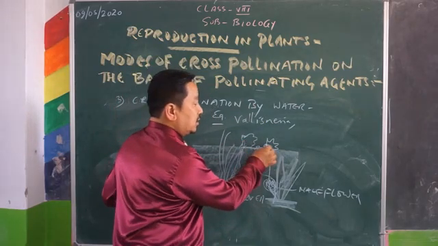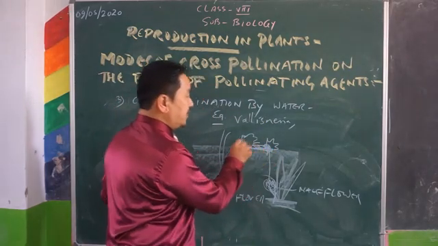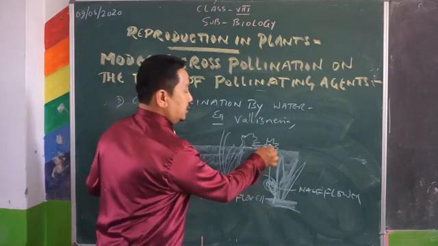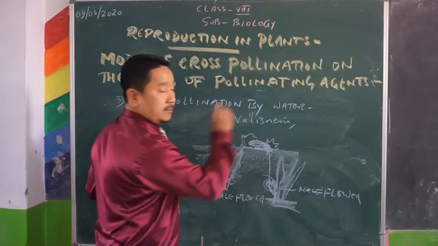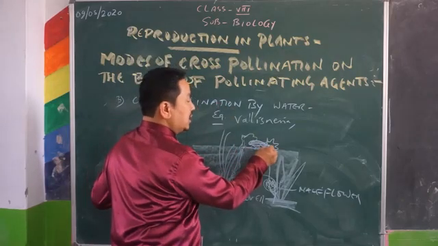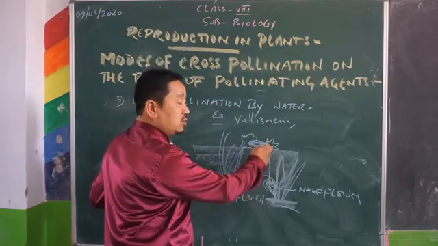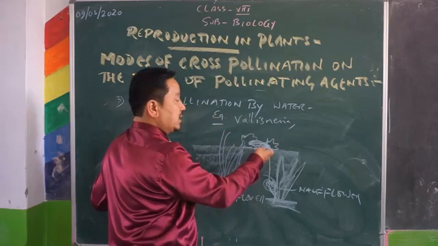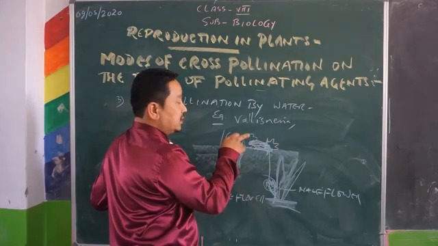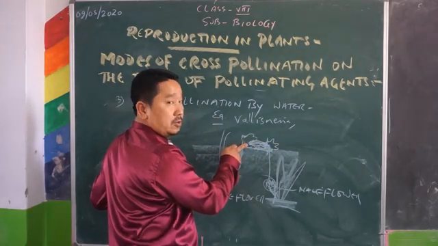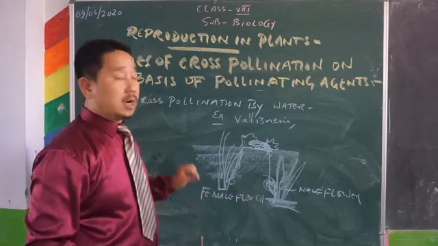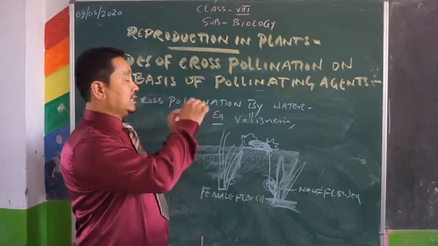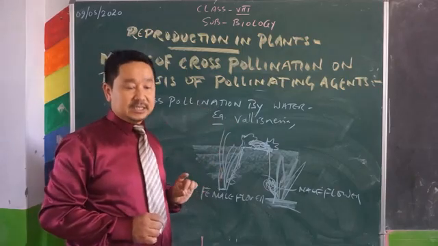When it comes in contact with the female flower, then the pollination takes place, that is, pollen is transferred from this flower to here. Okay, so this is the pollination by water, which is very typically seen in the plant called Vallisneria.